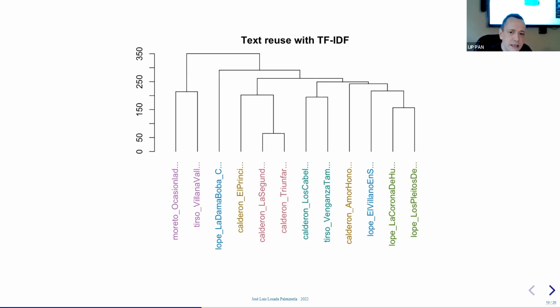What you see here is the clustering, and behind that you see these six pairs of plays, twelve in total, in pairs that share different sizes of literal or near-literal reuses. They are marked here with the same color.